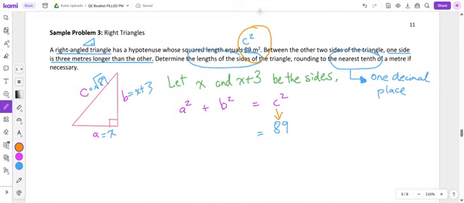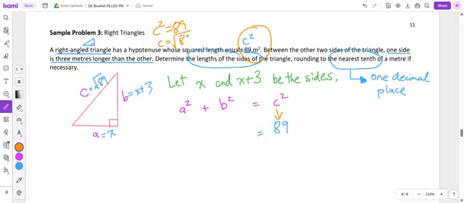Okay, let me try to say it another way. If I want to find C on its own, I would have to take the square root. So I have C squared equals 89. And if I want to get just C, I take the square root of both sides.